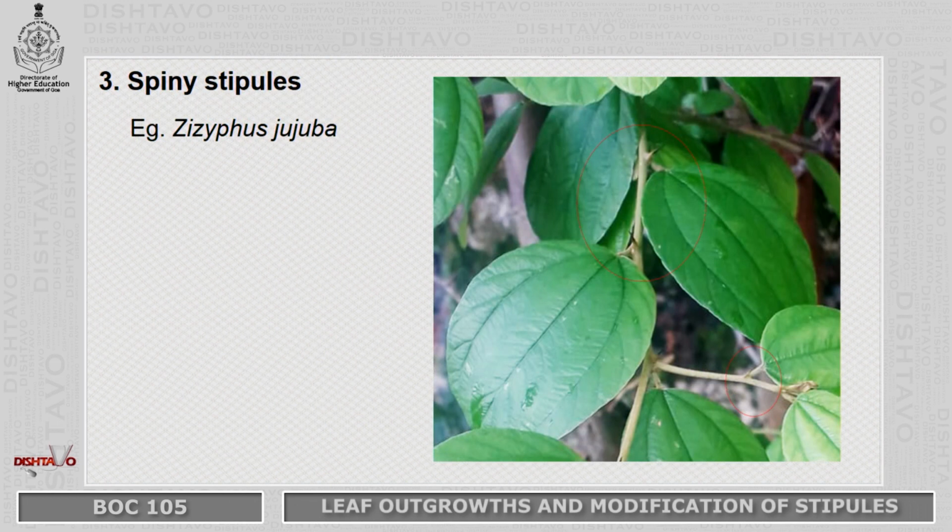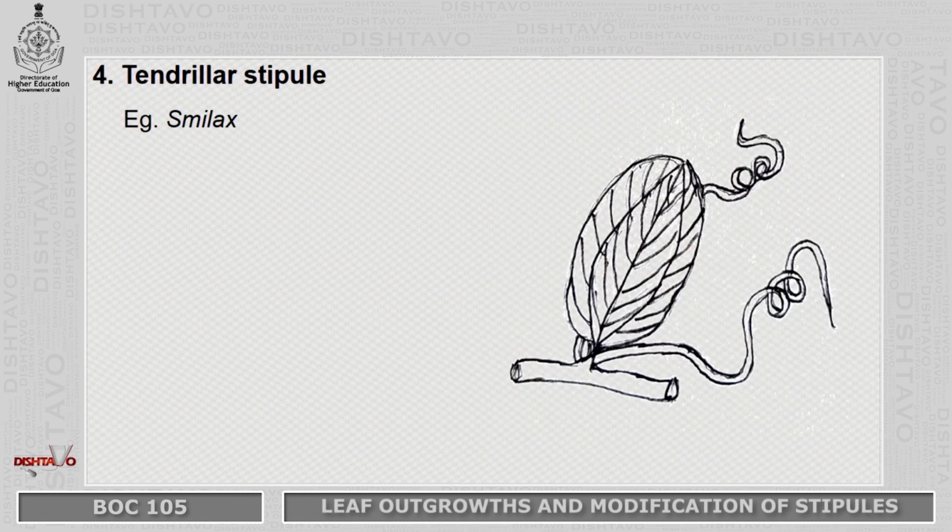The next one, spiny stipules, as seen commonly in Ziziphus jujuba, and the spiny stipules, as the name suggests, become spiny. They curve and they become pointed. Thus, the function of the stipules is protection against grazing animals. Then you have the tendrillar stipules.